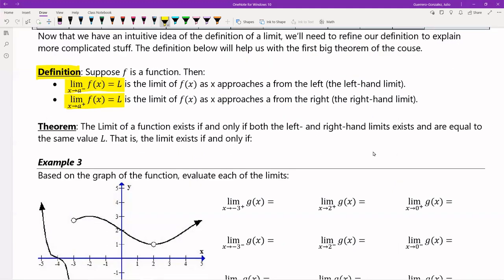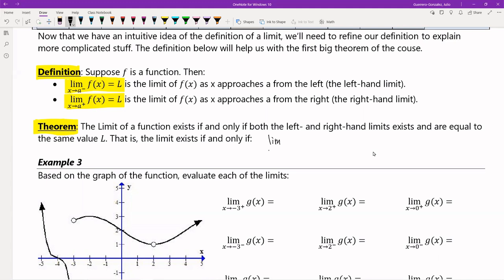This brings us to the next theorem: the limit of a function exists if and only if both the left-hand limit exists and the right-hand limit exists, and if they are equal, then that is going to be the flat-out limit. So the best way for me to write this out, I think, is this.